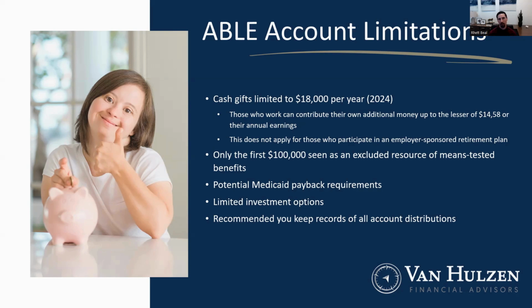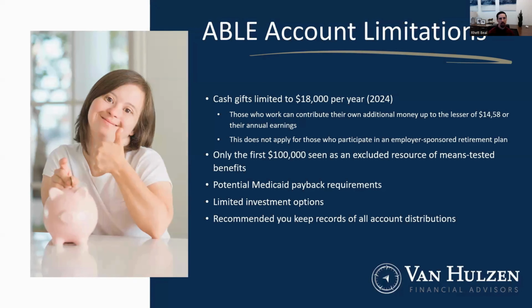So like my brother-in-law, if he had an ABLE account and he passed away, it would flow into his estate. And then if his estate was small enough, he could sign a small account affidavit and not have a Medicaid payback. But if the estate is above a certain threshold, then even in California, even though the CalABLE program says there is no Medicaid payback, they may have a Medicaid payback. It's confusing. I wish it was not so, but it is.